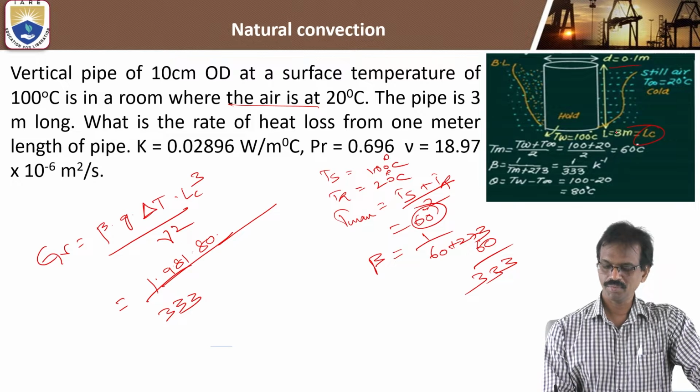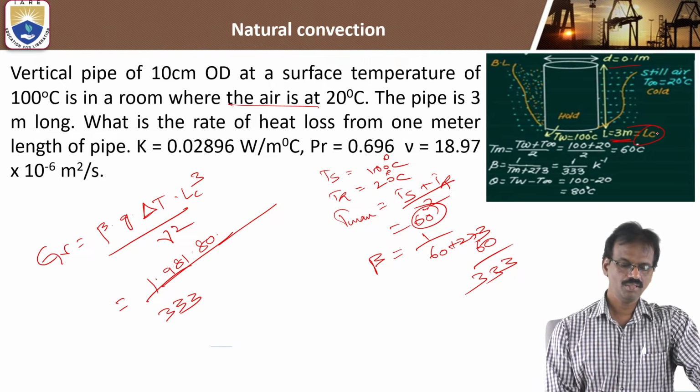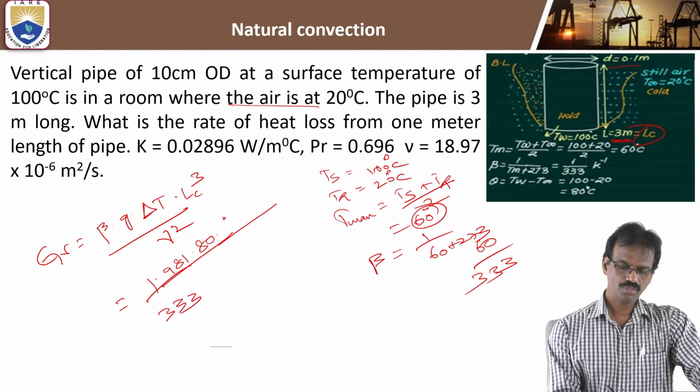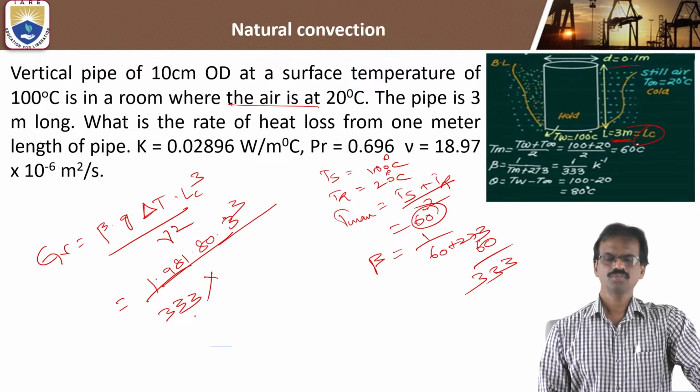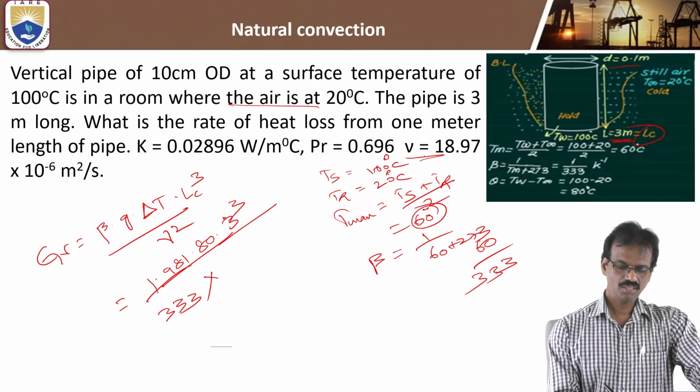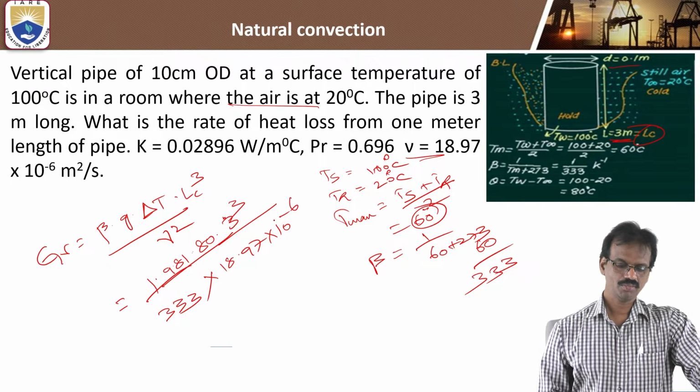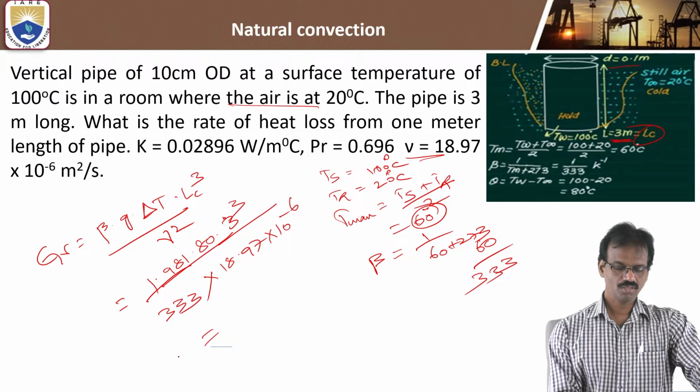LC is 3 meters, the height of the vertical pipe. So 3 cube by the kinematic viscosity 18.97 into 10 to the power of minus 6, squared. If you solve this one, you will get the Grashof value.